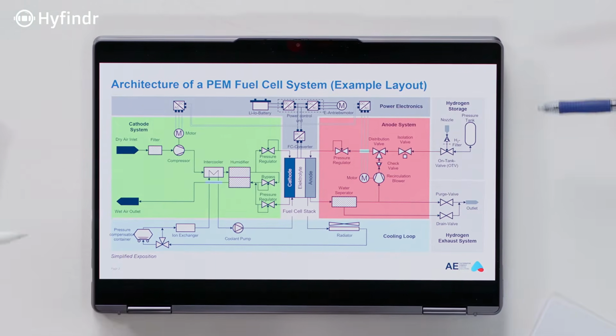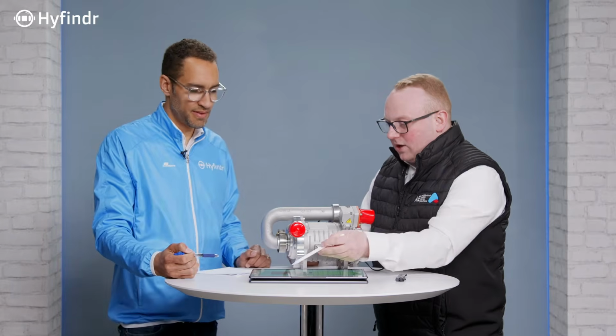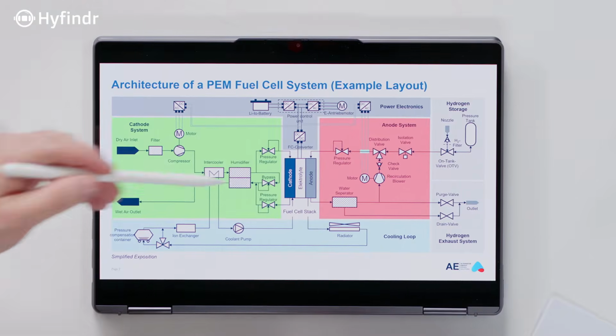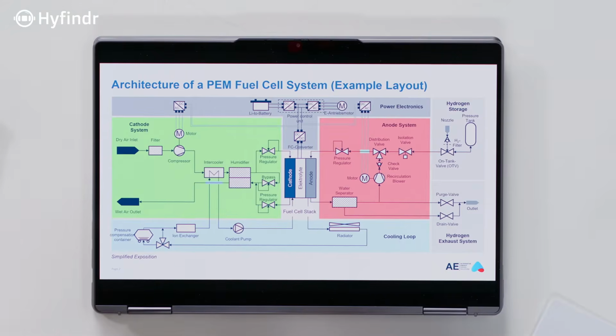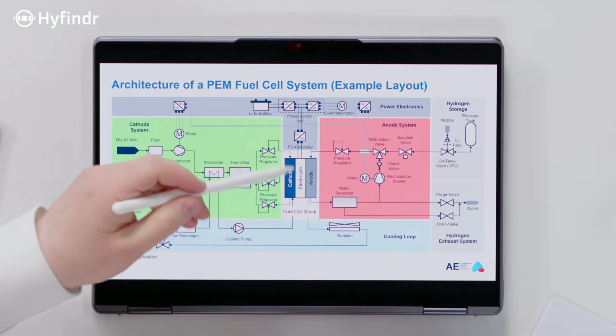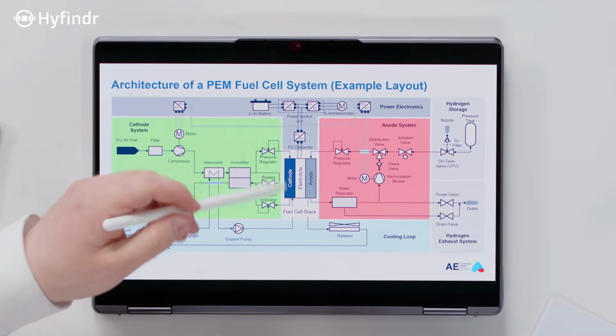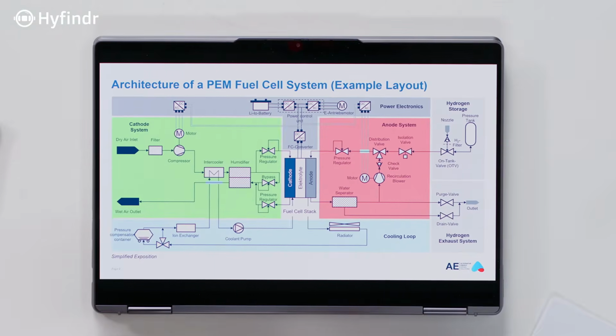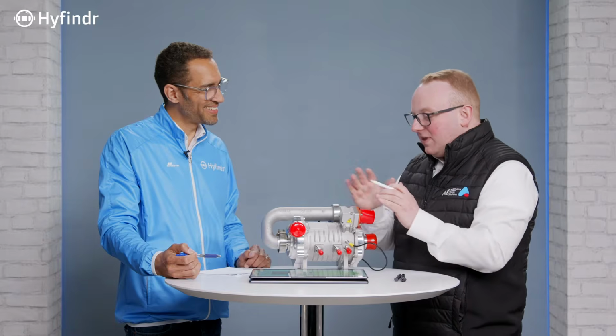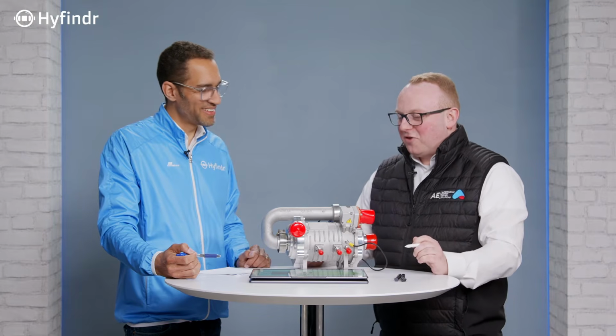So that's what the compressor is pushing. Exactly. The pressure on the anode side is a little bit bigger, and there is a special range because there is this membrane inside of the stack, and we don't want to damage it. That is why there's a limit for the pressure.